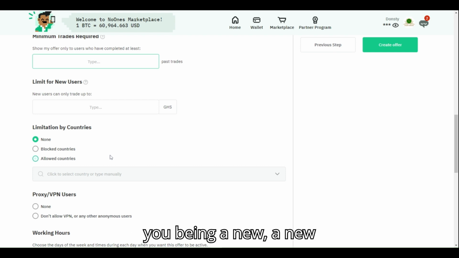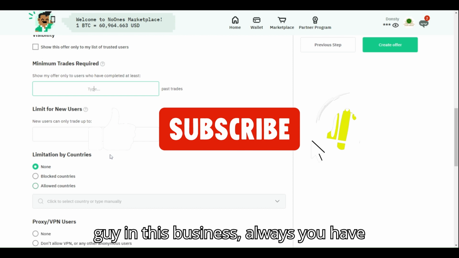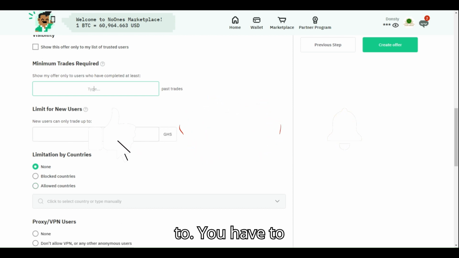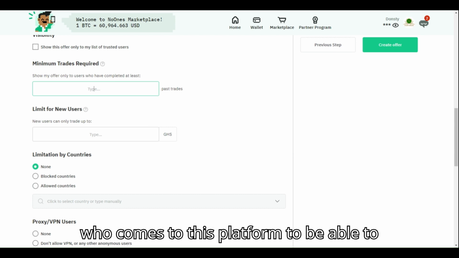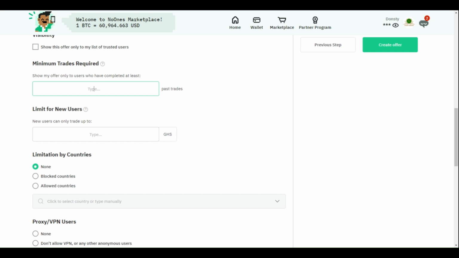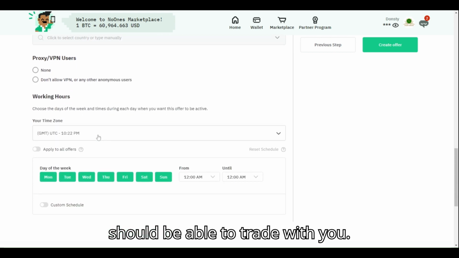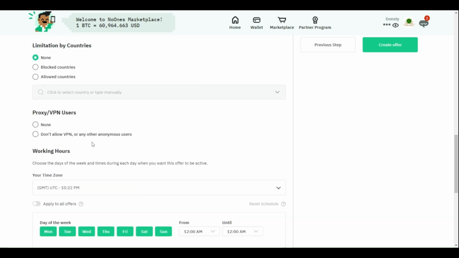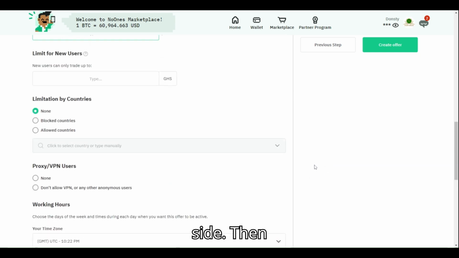But being new in this business, you have to make it possible for anyone who comes to this platform to be able to trade with you, if only he can follow your trade instructions, the person should be able to trade with you. All the rest, I think you can leave.